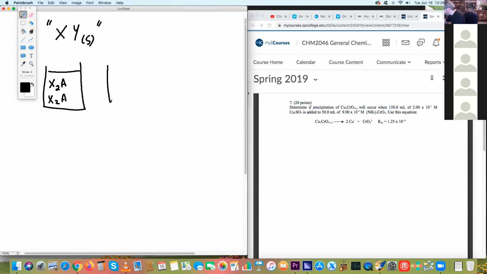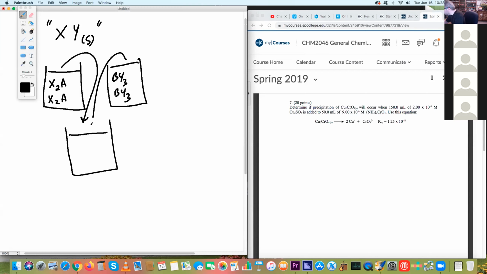And in another solution, you might have this salt. And then you pour them each into the same container, and we end up getting this solid XY on the bottom. Possibly.